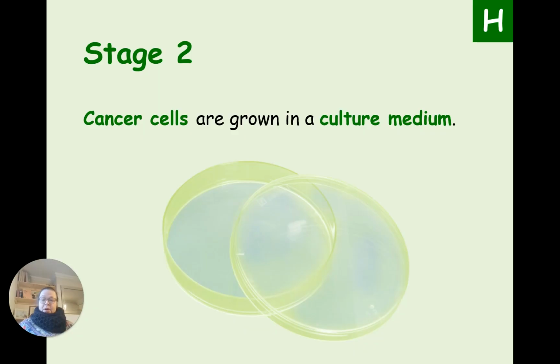While that's going on, we are going to grow some cancer cells or tumour cells in a petri dish. The reason we grow them is because they divide really quickly, and we can use them to encourage the antibody-producing cells to replicate very quickly.